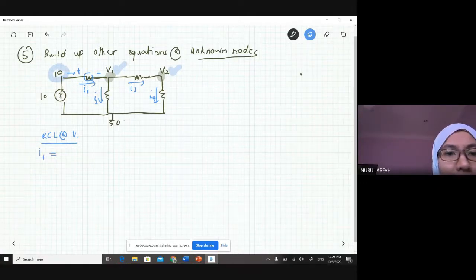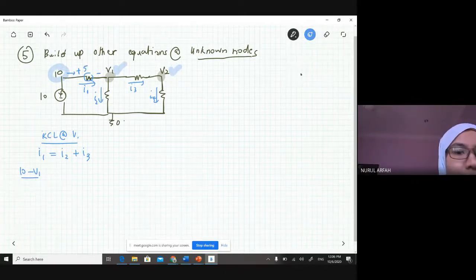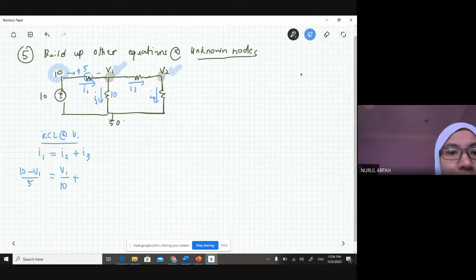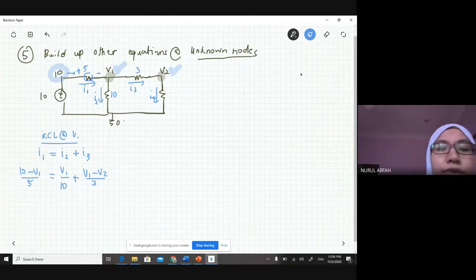I1 is the entering equal to I2 plus I3, right? So what is I1? 10 minus V1 over, maybe this is 5 ohms, over 5 equal to I2. I2 is V1 divided by 10, and then plus I3. I3 is V1 minus V2 over, maybe this is 3. So divide by 3. This is your another equation at V1.